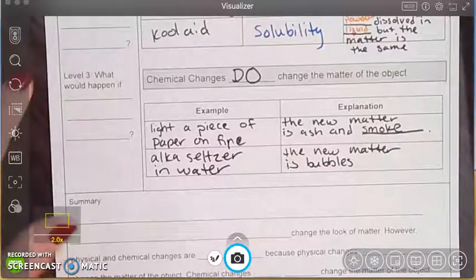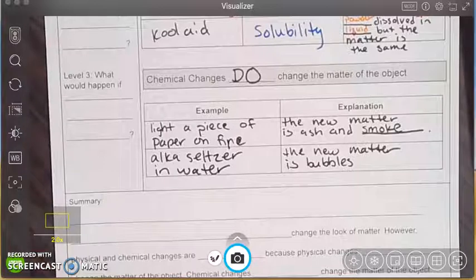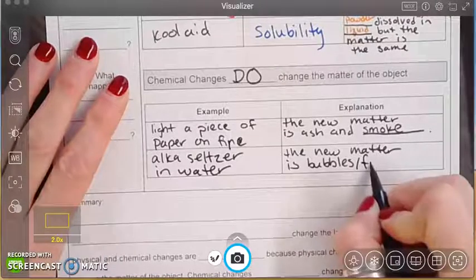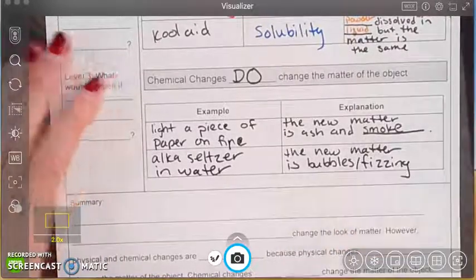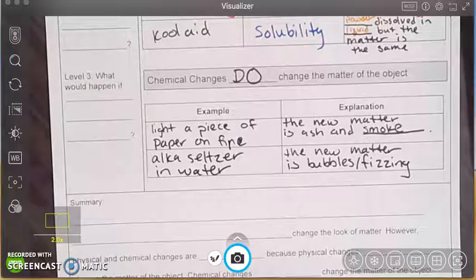Because a white tablet is a powder solid. Water is a liquid. I don't have a gas. I'm not heating. I am putting them together and it's letting off this new bubbles. Bubbles and fizzing. Maybe fizzing is a better way of saying that. That fizz is my new matter.